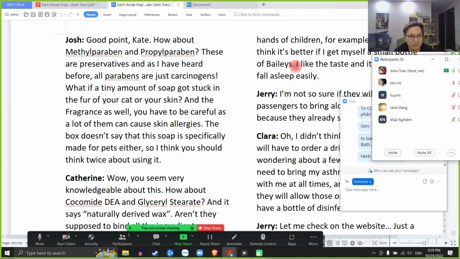The box doesn't say that this soap is specifically made for pets either. So I think you should think twice about using it.